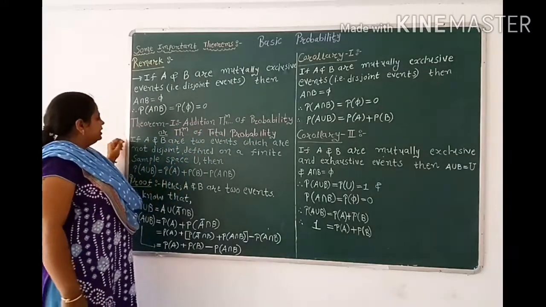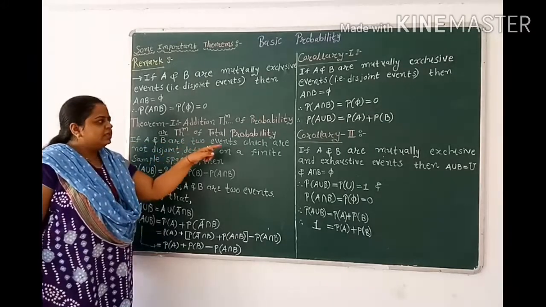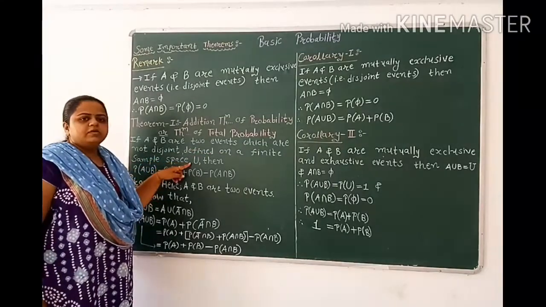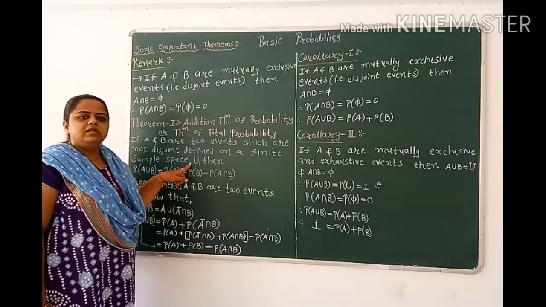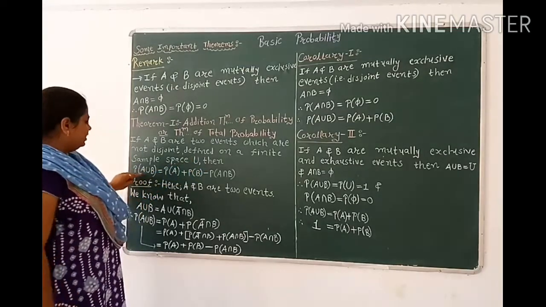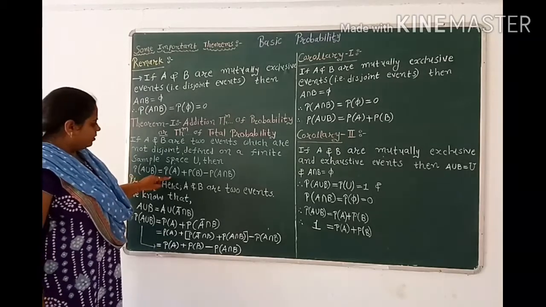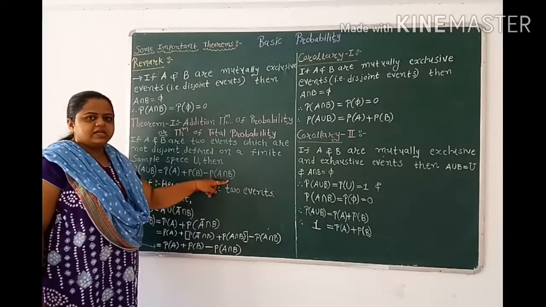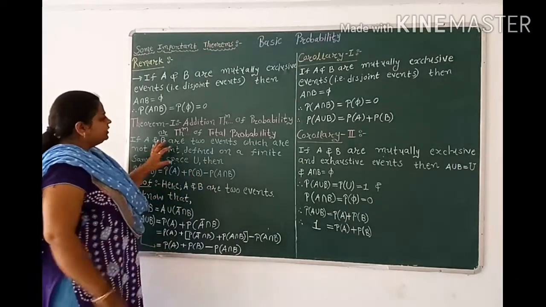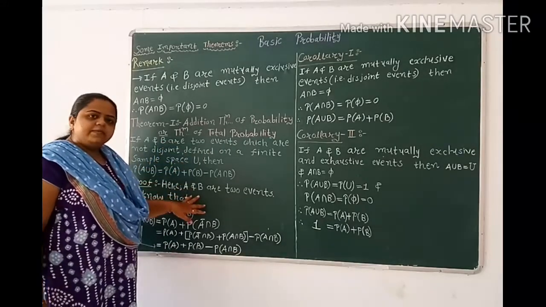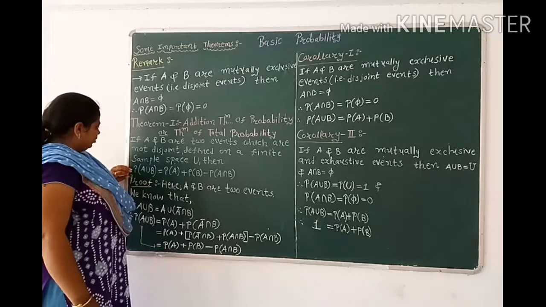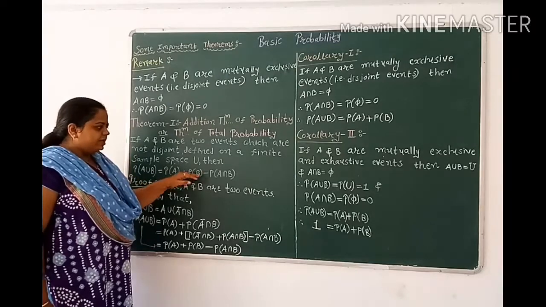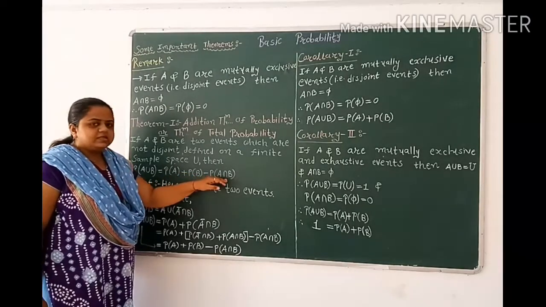The statement is, if A and B are two events which are not disjoint, defined on a finite sample space U, where the sample space is the set of all possible outcomes, then probability of A union B equals probability of A plus probability of B minus probability of A intersection B. So here we are given two events A and B, and we have to prove this.